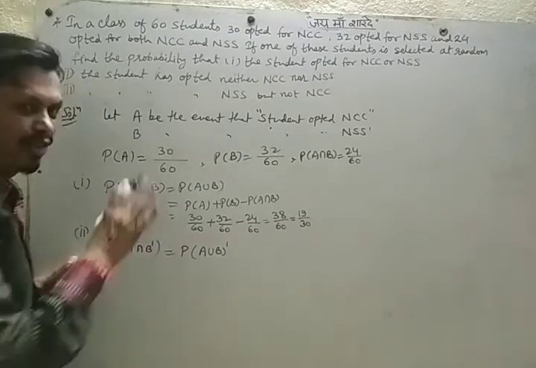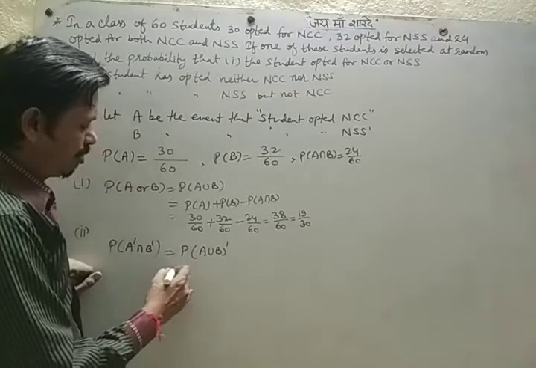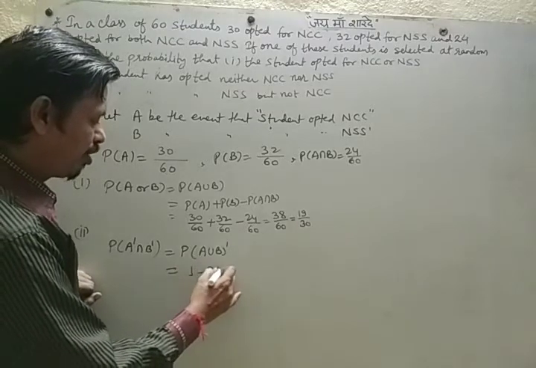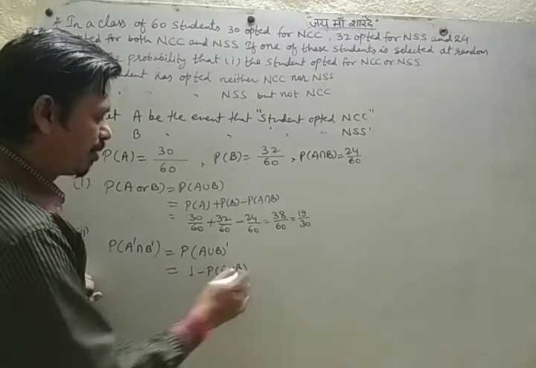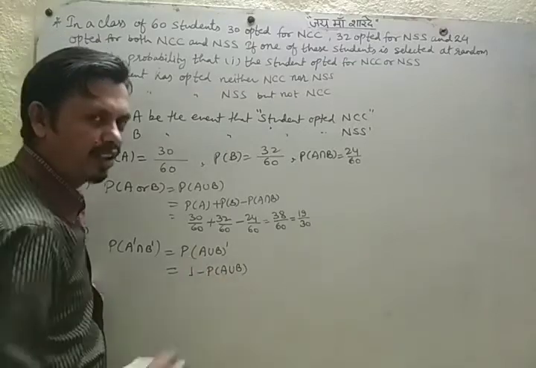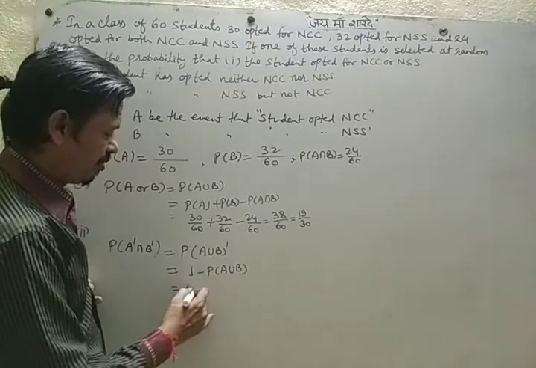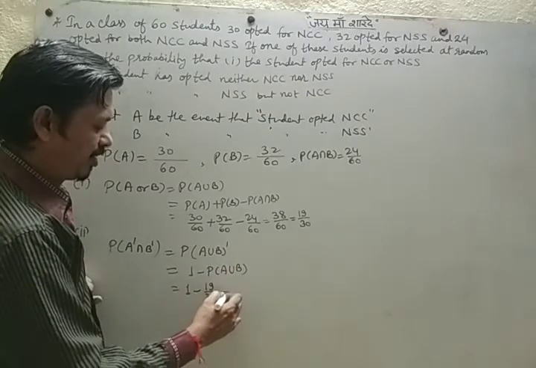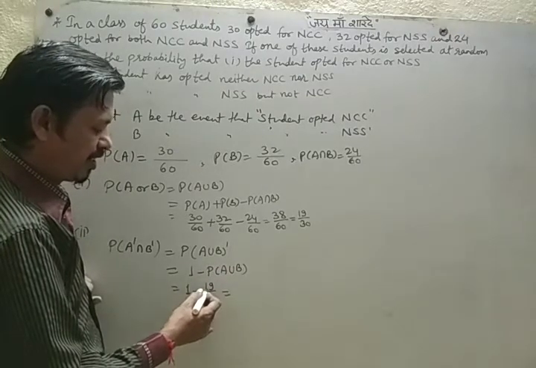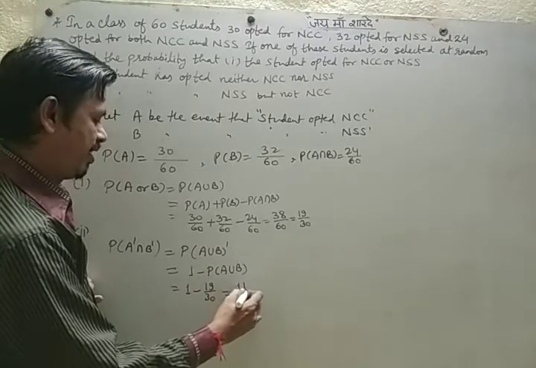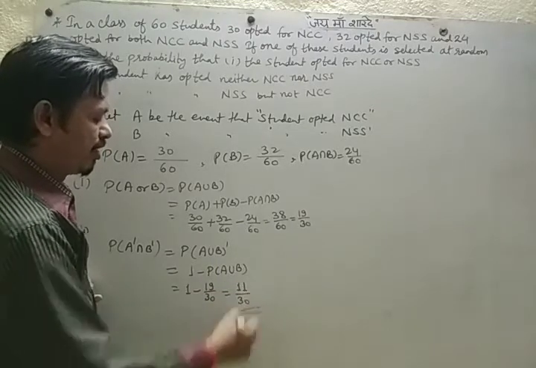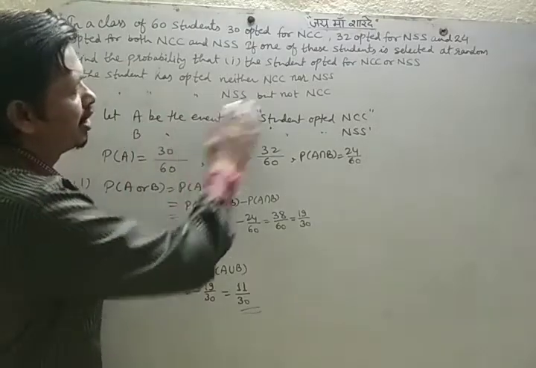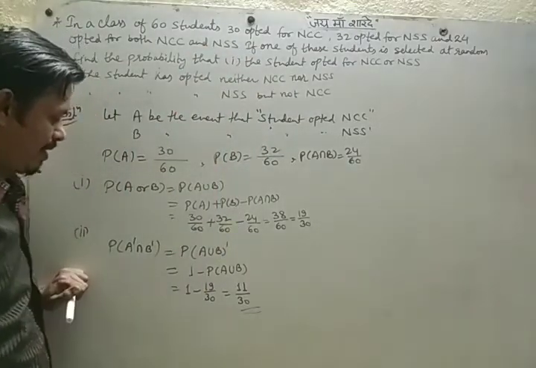De Morgan's law is very, very important, many times we will use it. Then it can be done as 1 minus P of A or B. P of not A is 1 minus P of A. And this we have 19 by 30. So 30 minus 19 is 11 upon 30. So 11 by 30 is the probability that the student has neither opted NCC nor NSS. Check it.